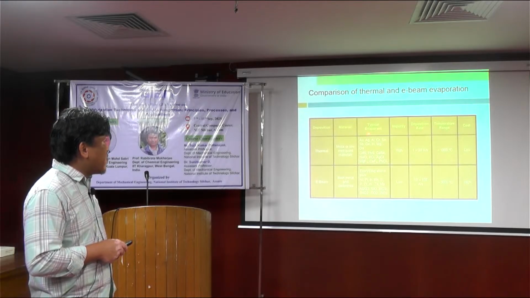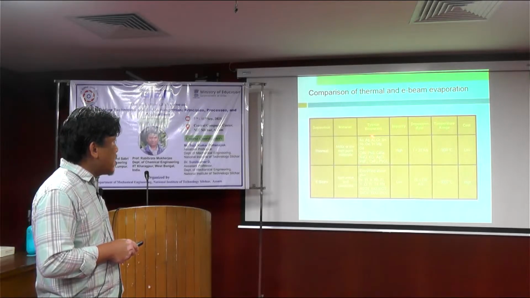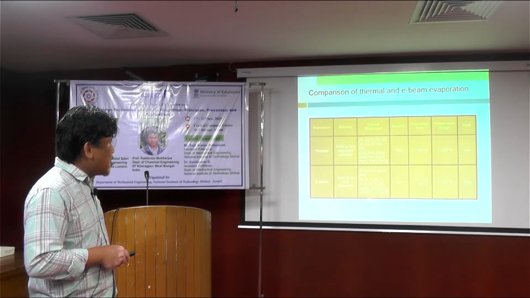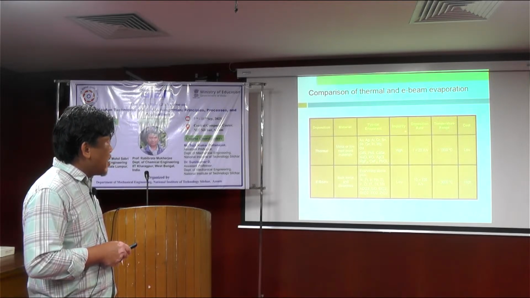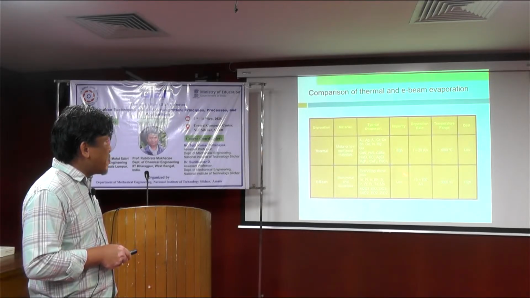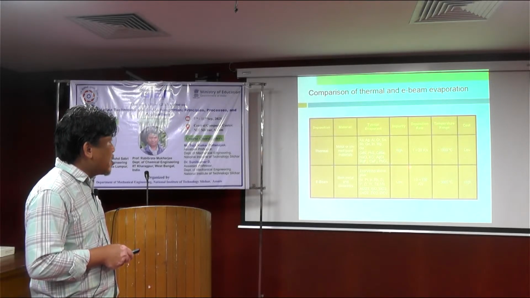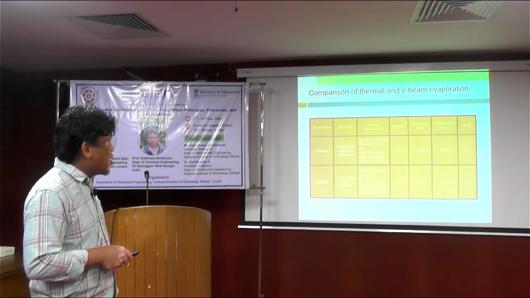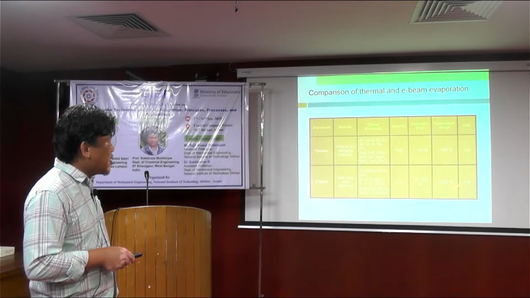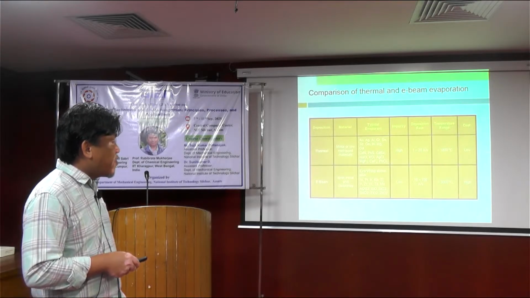And typical evaporants, these are the materials, everything above and including this material. And thermal is high impurity, but E-beam is low impurity. Deposition rate is higher for the E-beam, temperature range is, of course, higher for E-beam, and the cost is high for E-beam.